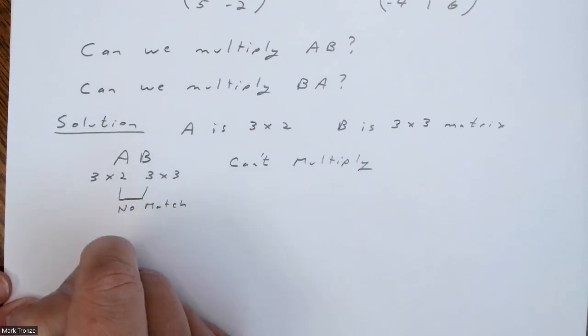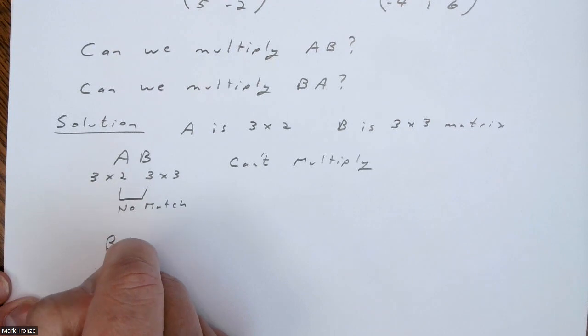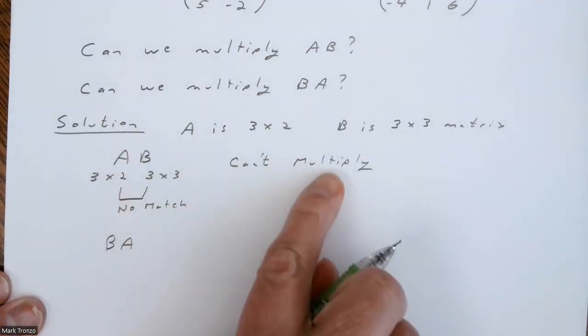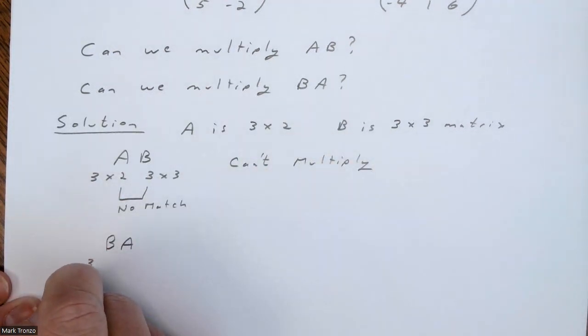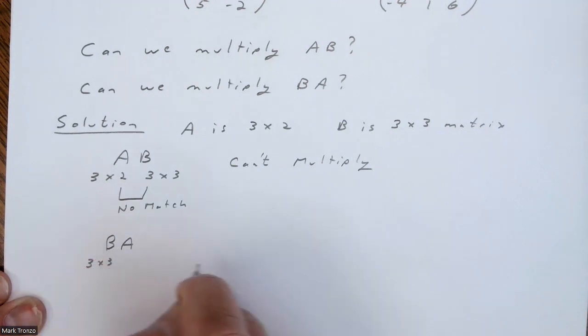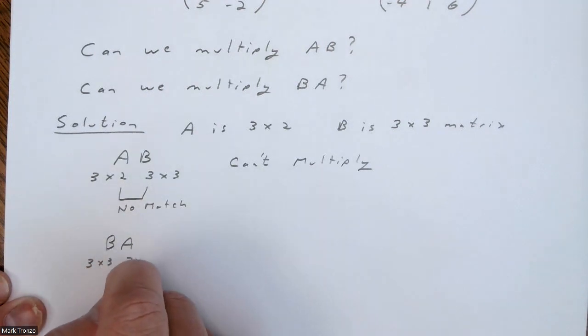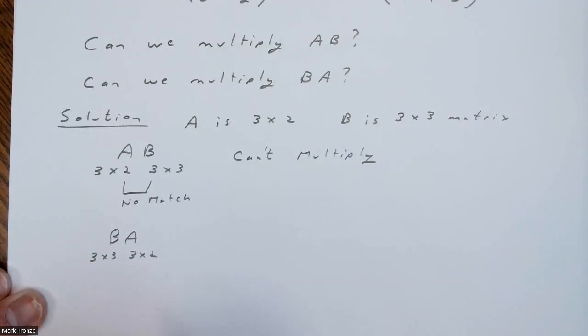On the other hand, let's try B times A. Again, B is a 3 by 3. A is a 3 by 2. And these do match.